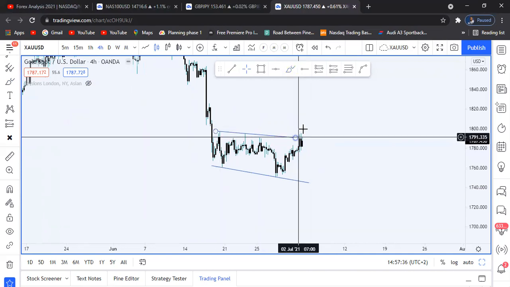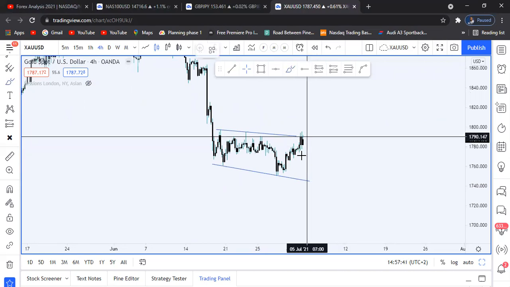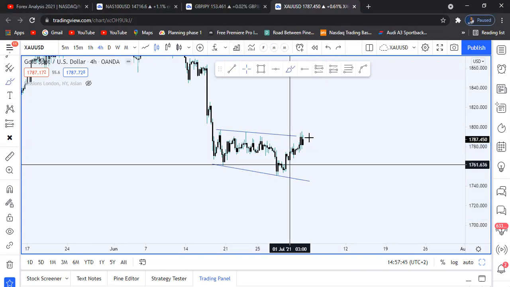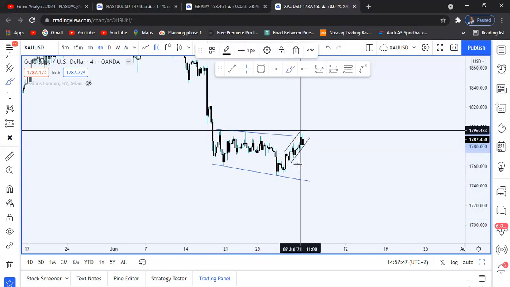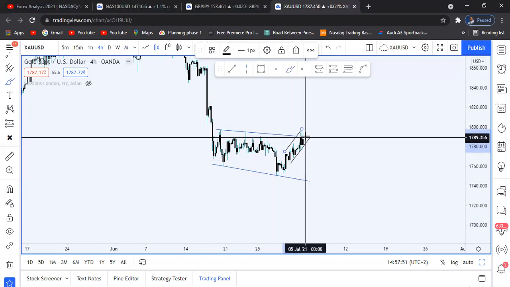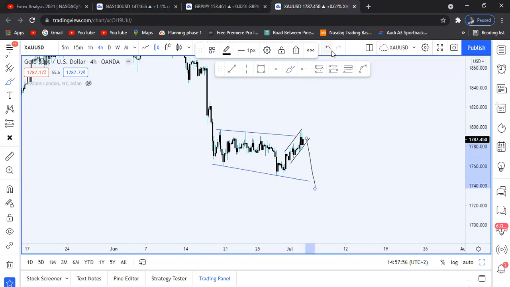We couldn't break above here. We rejected this area here. So we might see price pushing all the way to the downside. And remember, we look at the nature of how the market is approaching the key area. You can see that the market is approaching the key area of our third touch as a corrective structure to the upside. So we might see price pushing all the way to the downside.